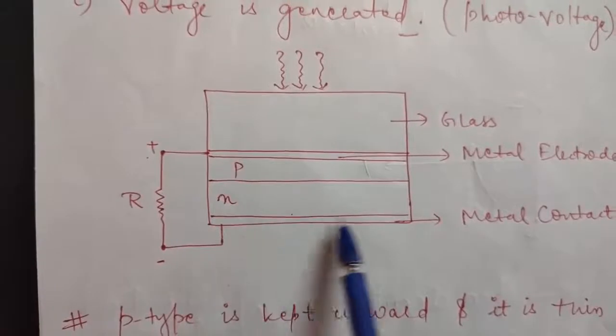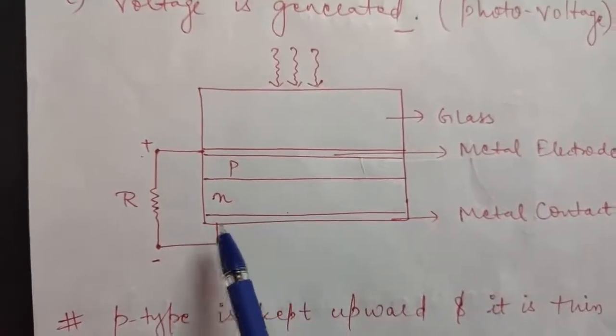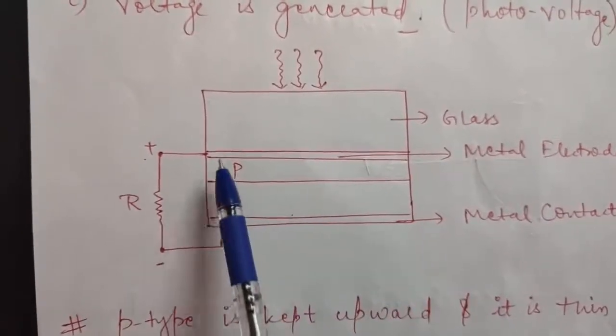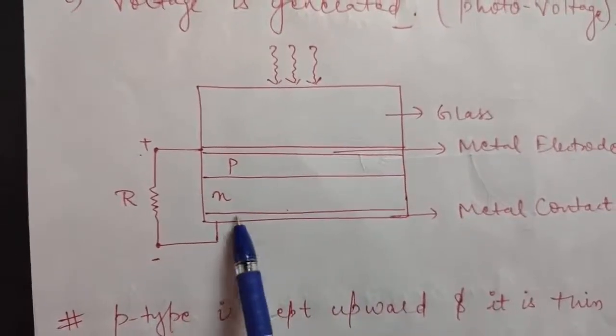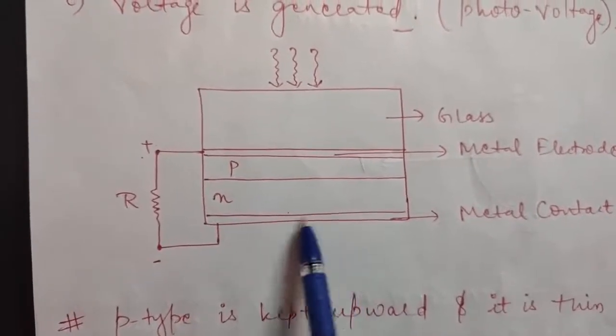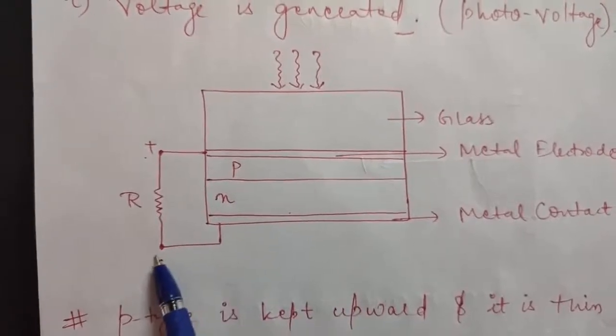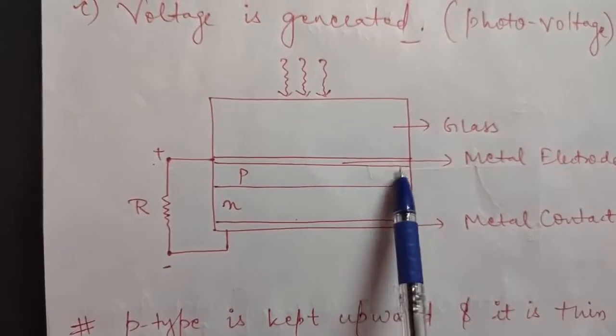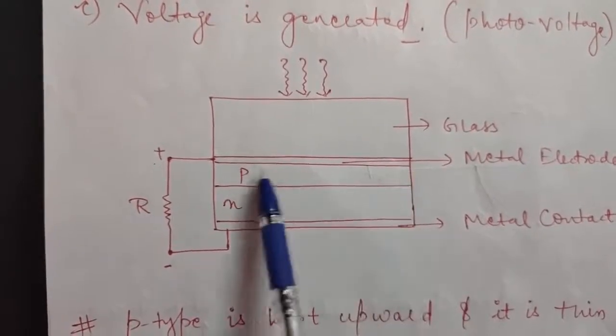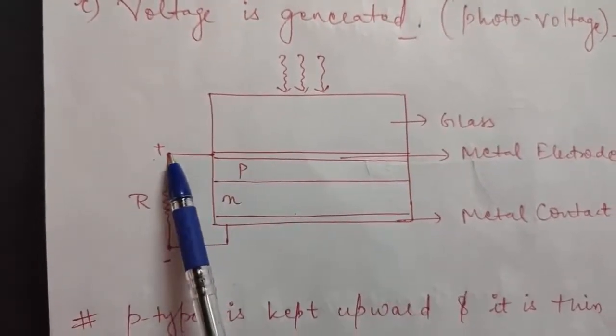Electrons are collected here, and holes are collected here. Therefore, because electrons are collected on this electrode, it acquires negative charge, and because holes are collected on this contact, positive charge will appear here.